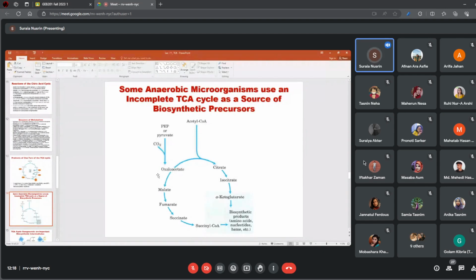Another important differentiation between these two: in the previous one, we have seen that the starting material is always regenerated after each cycle, but here there is no regeneration of the starting material. So obviously the cell needs to synthesize the starting material so that the cycle can go on. Is it clear? Yes, ma'am.